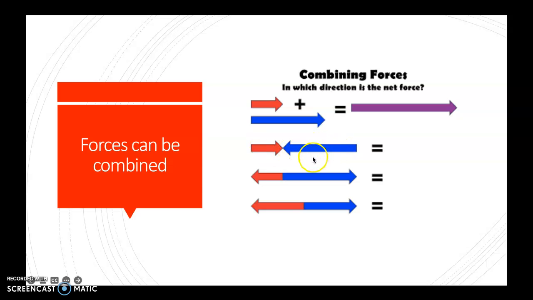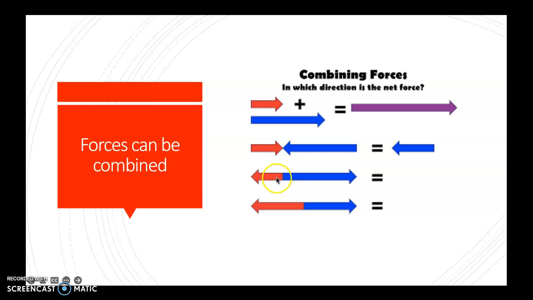If those forces are opposing, they will subtract from each other. So this red arrow that's going in a positive direction is actually going to reduce the negative force by that amount. So we end up with a smaller negative force.